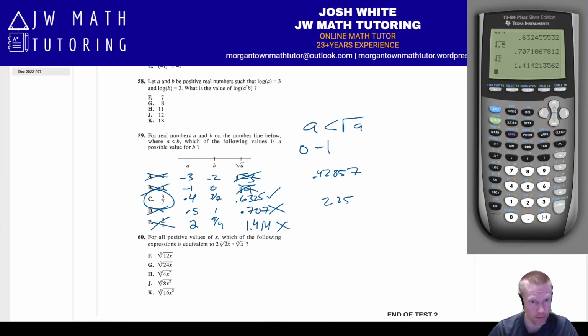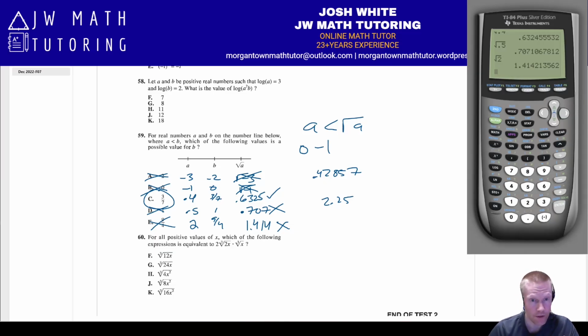You can try this out with anything between 0 and 1, from 0.0001 up to 0.999. You take the square root of that number, and the answer you get will be larger than the original number that you started with.